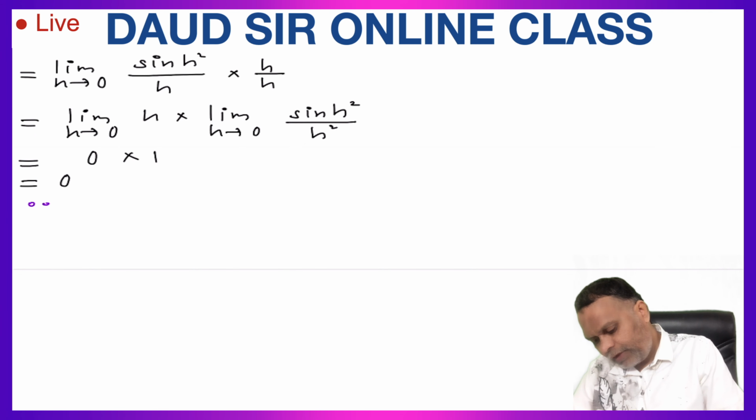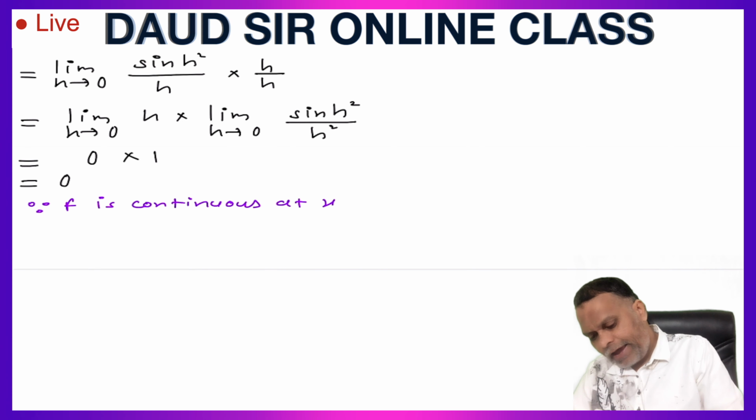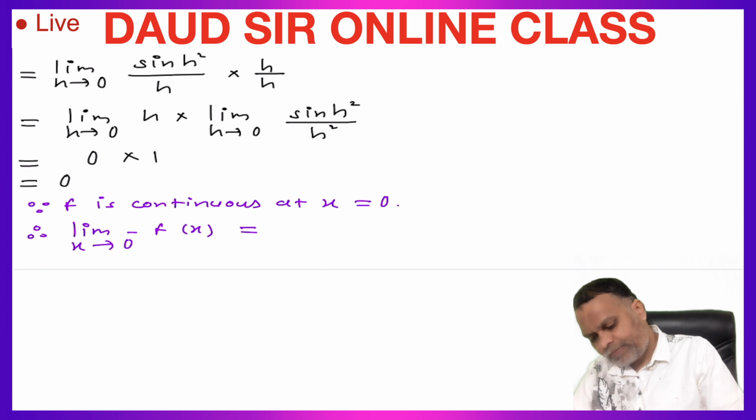Since f is continuous at x is equal to 0, therefore left hand limit is equal to right hand limit is equal to f of 0.